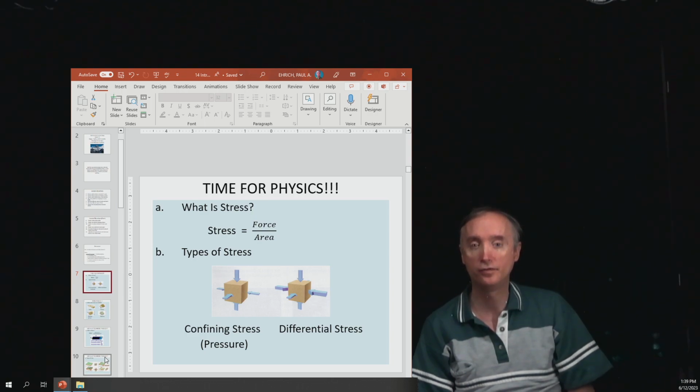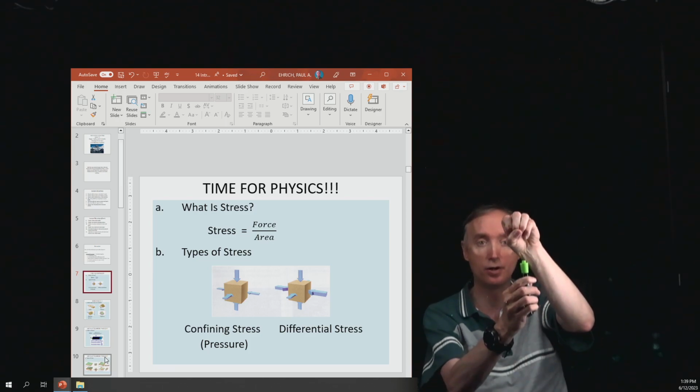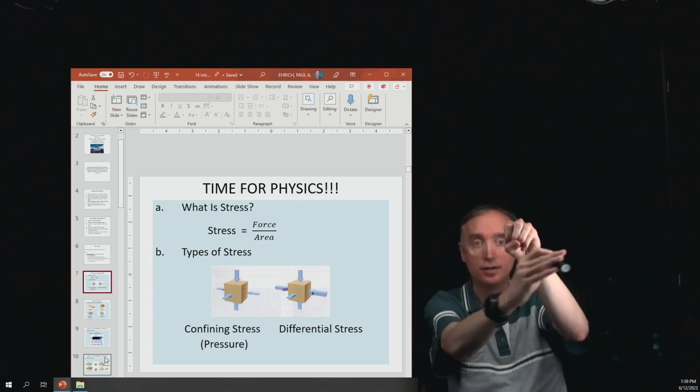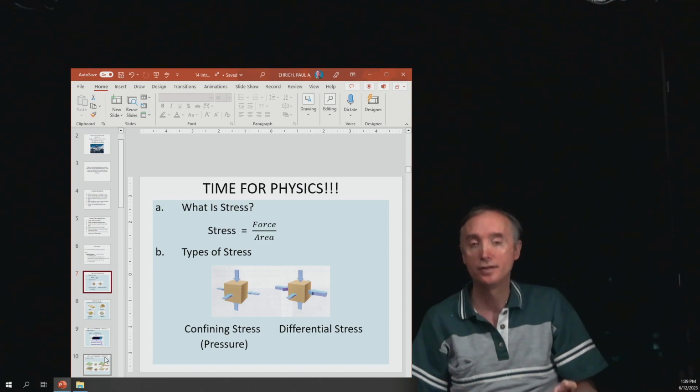You have confining stress, which means that the force is the same everywhere. So if you have an object and the force pushing up on it is the same as the force pushing down on it, and from the side and from the side, if all of those forces are the same, then that's called confining stress. Another name for that is pressure.